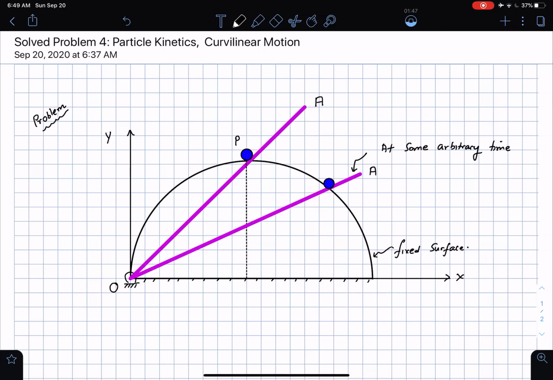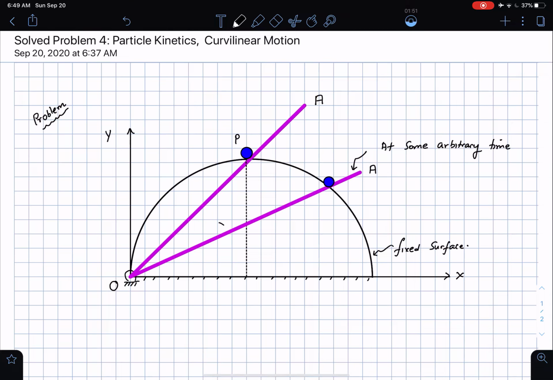Okay, which means that this rod is rotating at a constant clockwise rate, and let's give some variable names here. First of all, initially this rod is at an angle of 90 degrees, as you would have seen here, right? But then after some time the location of this rod becomes the following.